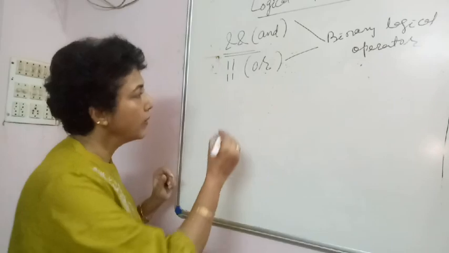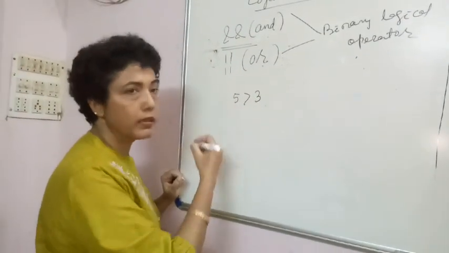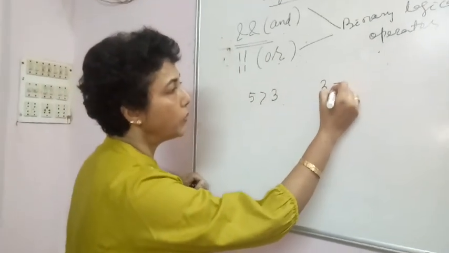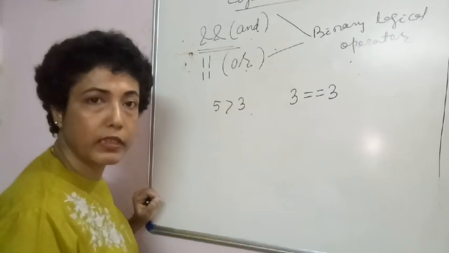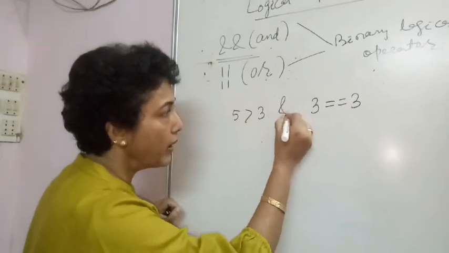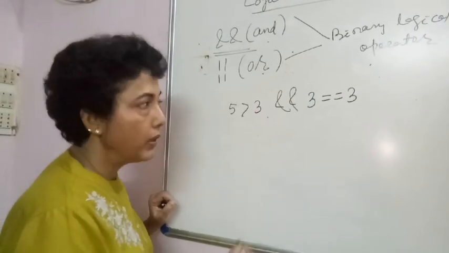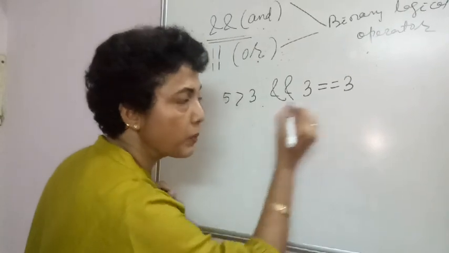For example, 5 greater than 3. This is a relational expression. 3 equal to 3. This is another relational expression. I join both of them with the logical AND. So now this becomes a logical expression.